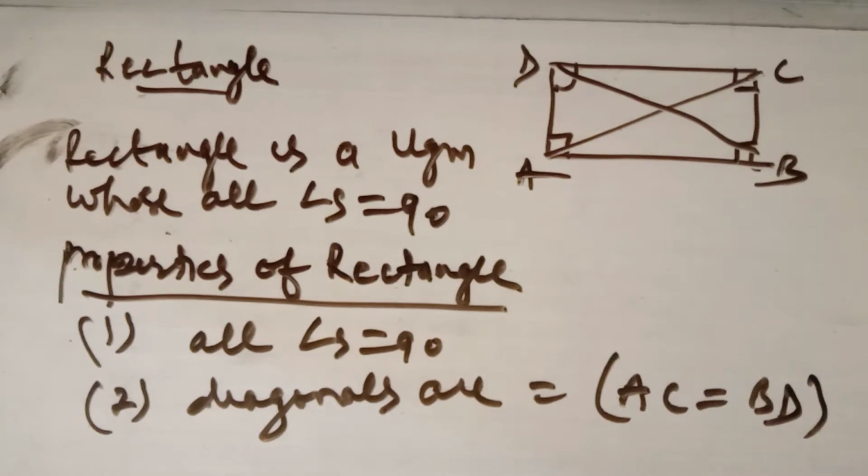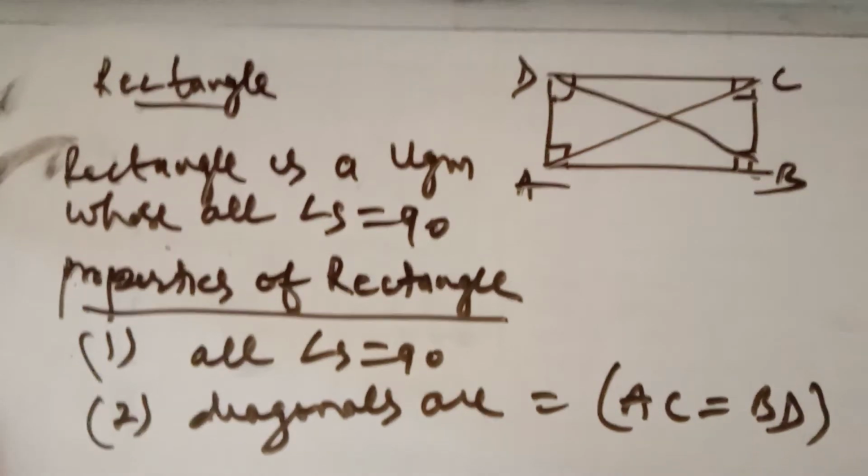So a rectangle is a parallelogram whose all angles are 90 degrees, and its diagonals are equal to each other. It also satisfies the properties of the parallelogram because it is a parallelogram: diagonals bisect each other, opposite sides are equal, opposite angles are equal, and so on.